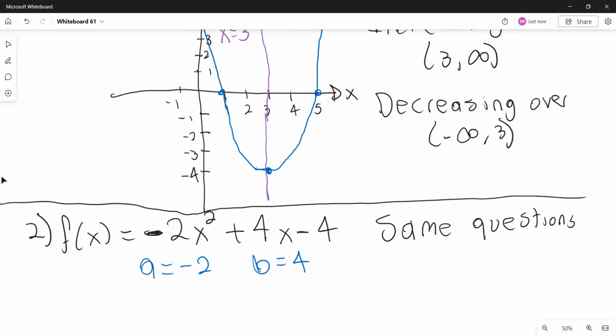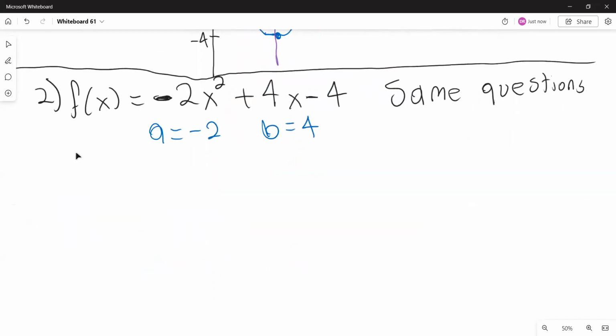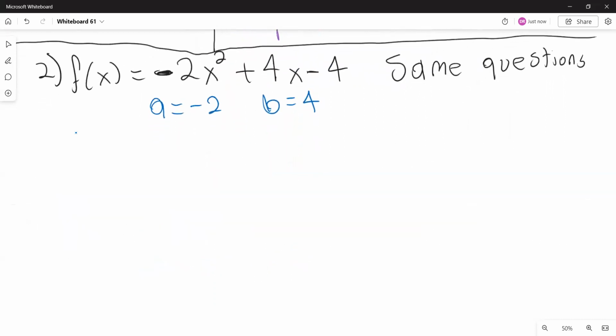So let's find the vertex. H is the opposite of b over 2a. So this is the opposite of 4 over 2 times -2.